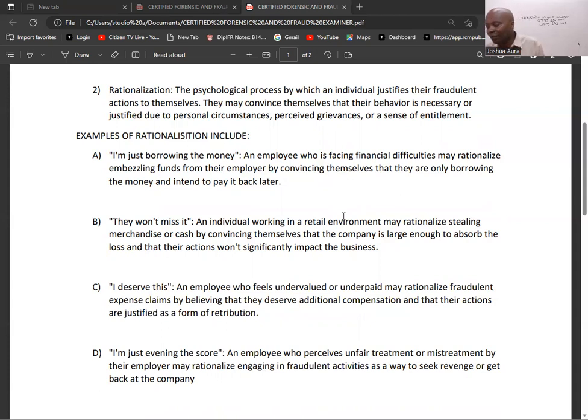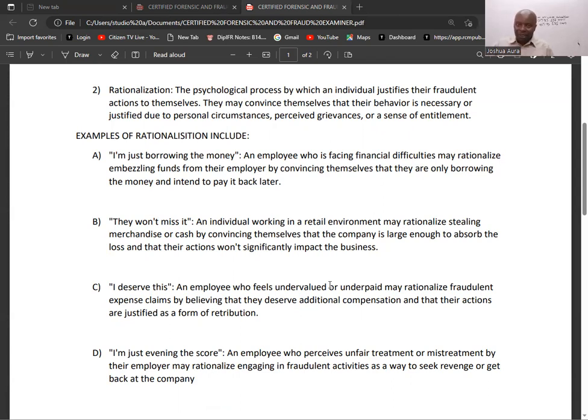I deserve it. I deserve this. An employee who feels undervalued or underpaid may rationalize fraudulent expense claims by believing that they deserve additional compensation and that their actions are justified as a form of retribution. I'm stealing 20,000 because I strongly believe that my value is higher and my employer is giving me just something small.